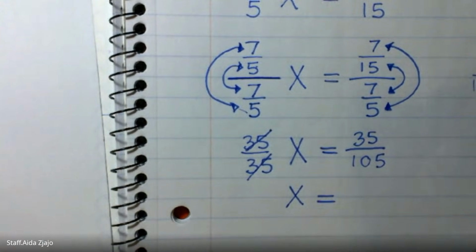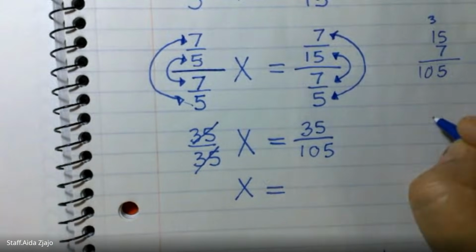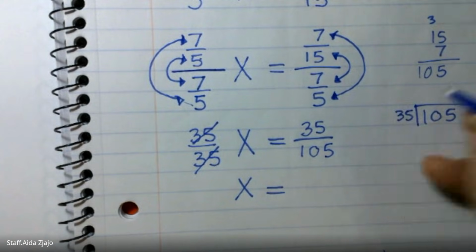But then how many 35s are in 105? And then we can divide 105 by 35.